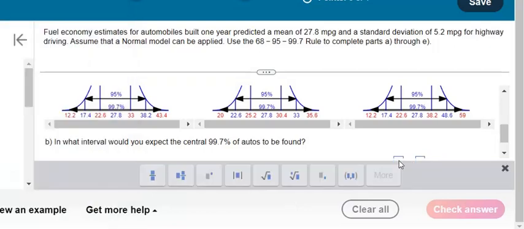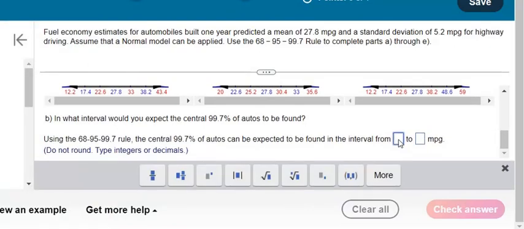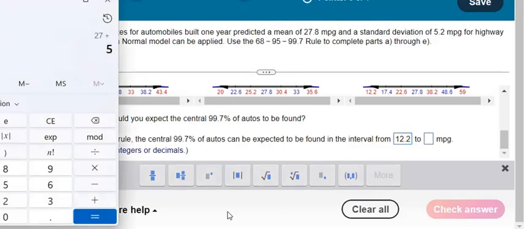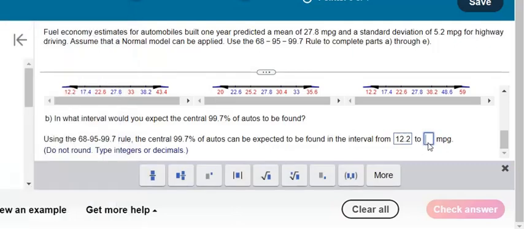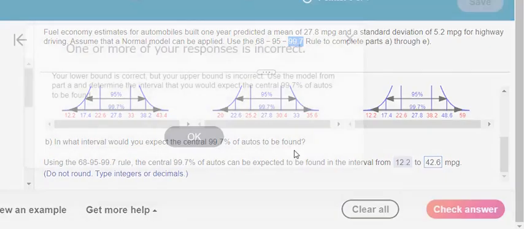We expect 12.2 to be the lower bound. The upper bound, 42.6. And if you're wondering why I did 3, where did I get the number 3 from? It's because, look, this is 1 standard deviation away, 2 standard deviations away. So 99.7 means 3 standard deviations away.